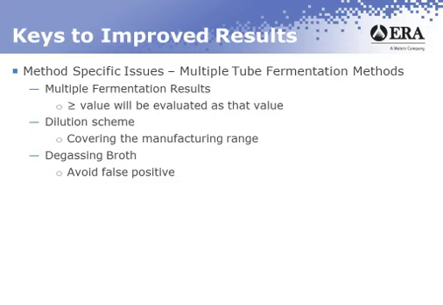You don't want to inoculate the sample, put it in, say, a water bath, have it warm up the media, have oxygen come out of the media, and you end up with this little bubble in your tube, and you interpret that as a positive result. You want to make sure that you've eliminated that possibility. The other thing you may want to consider is, before you inoculate samples, you get the tubes to your incubation temperature. That will avoid that significantly.